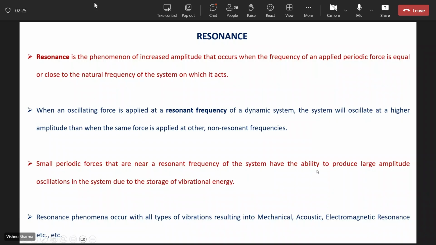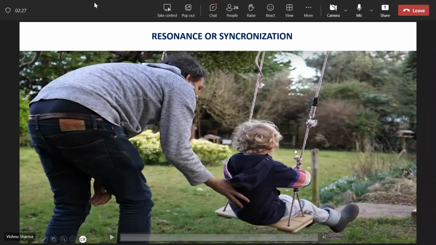Yes, sir. Okay. Now, if you see this, here there is a child on the swing and an elderly person. But if you reverse it, if the elderly person sits and the child pushes, and if he pushes exactly at the right time, what is the right time? As the swing comes to its extremity and is about to start the return journey.